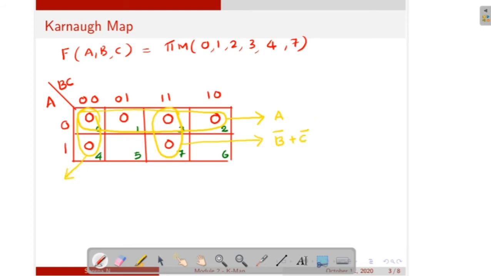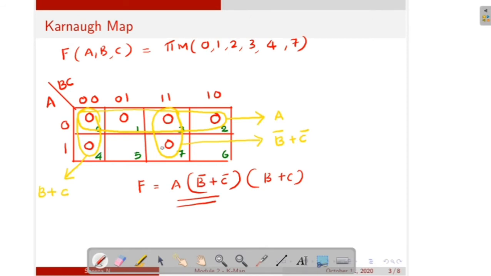Next for this pair, here also A is cancelled, we have only BC. B is equal to 0 means B, C is equal to 0 means C, so B plus C. So we get the simplified Boolean expression as F is equal to A into (B bar plus C bar) into (B plus C). This is the simplified Boolean expression.